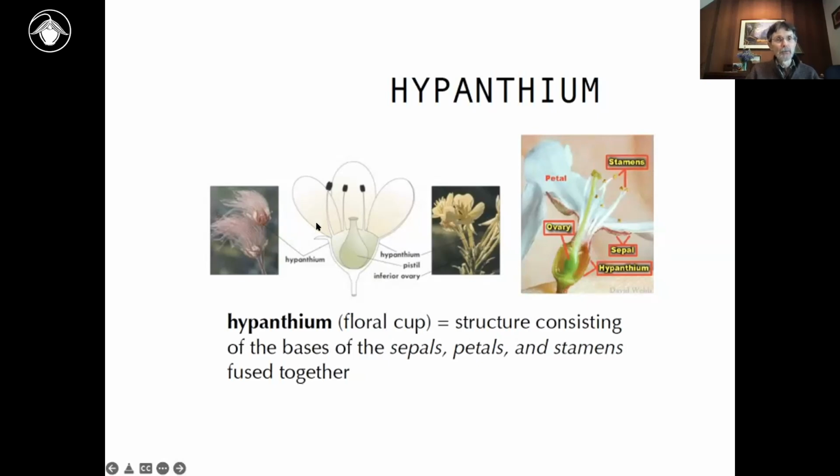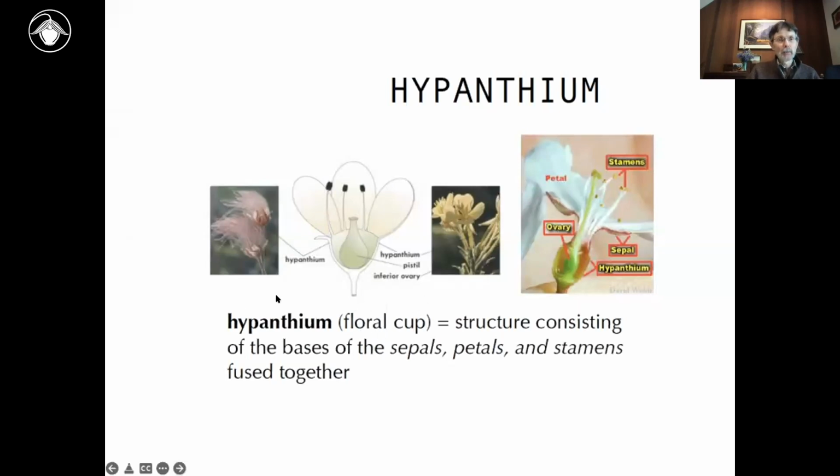So 3 of the 4 main whorls of the flower. And when this happens, we can have the generation of a hypanthium, which is basically another simple term for this, floral cup.